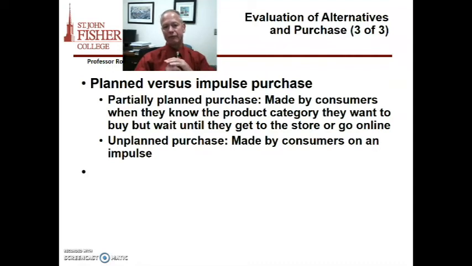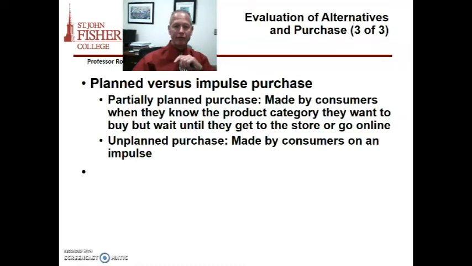So planned versus impulse purchase. Planned purchases are when you use a multi-attribute approach, or you do a major external search, you plan to purchase it. Partially planned purchases are when you go to a mall or something like that, you decide you want something, and then you look around and make that purchase.